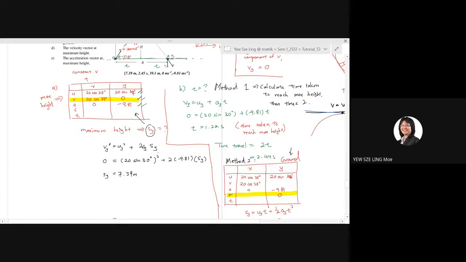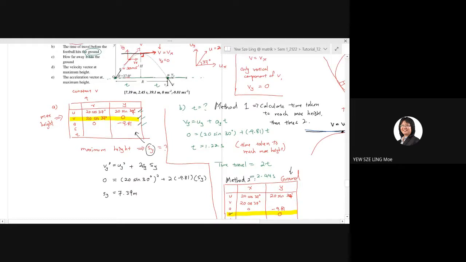All right. So now question C is very simple. How far away does it hit the ground? It's asking for Sx. If you got T from question B, then you know that Sx is always equal to Uxt.